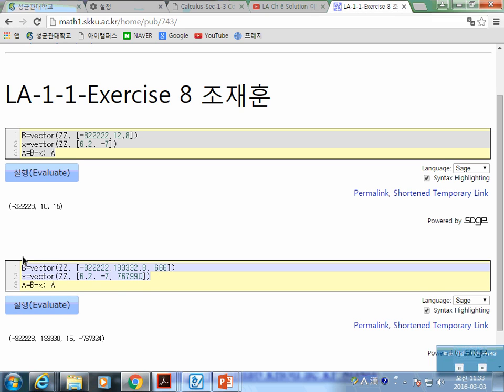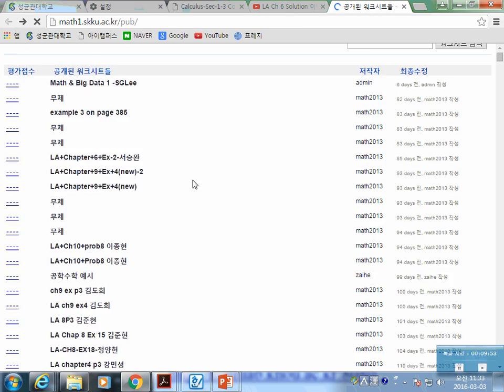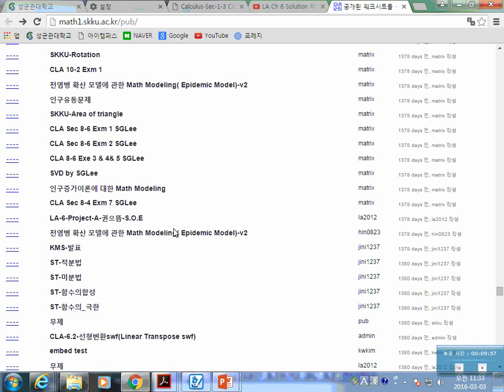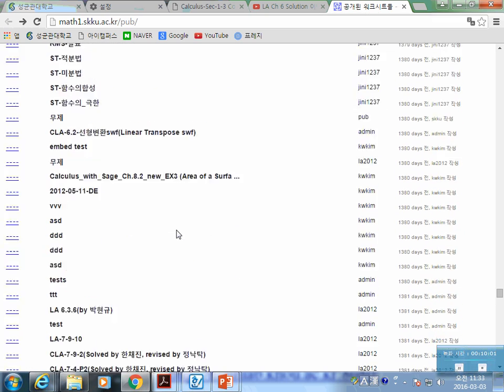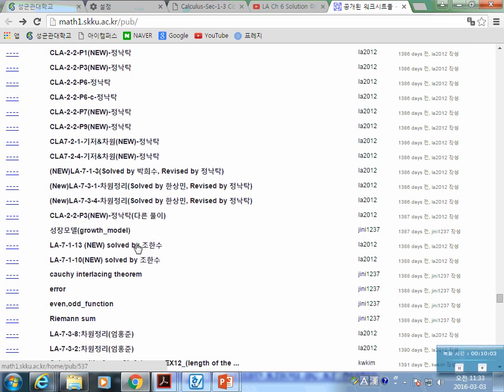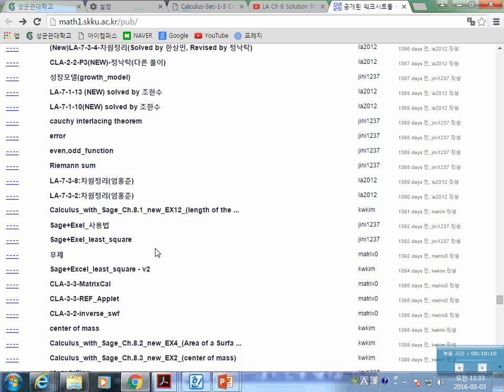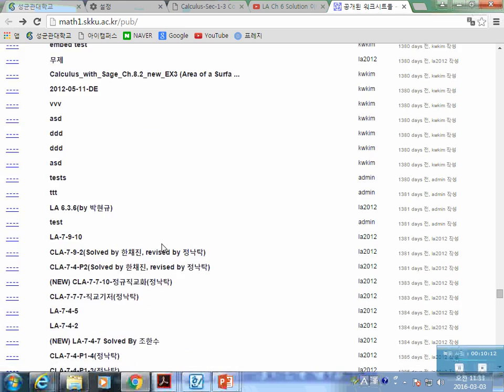You can deal with the same thing for n-dimensional or 1 by 100 dimensional vectors. There are hundreds of exercises that my students have already done, that you will see. This includes some linear algebra and calculus and engineering math and also mathematical modeling.